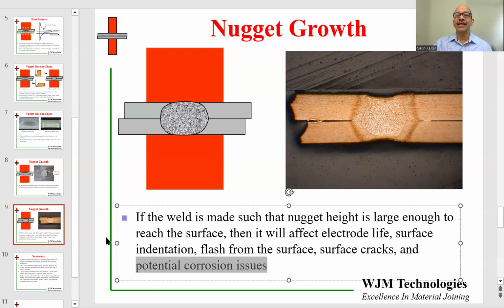So there are quite a few negatives if the weld nugget grows too tall and approaches the surfaces where the electrodes come in contact. So again, all of that is governed by the spec that you're trying to meet. And you can do that by proper selection of the metallurgy, the parts, electrodes, cooling, and the energy parameters. Okay?